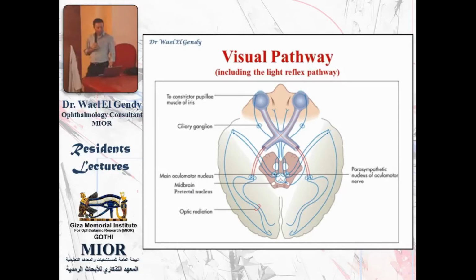The light reflex passes in the optic nerve to the chiasma and then to the optic tract, and then leaves the optic tract to go to the pretectal nucleus in the posterior midbrain.